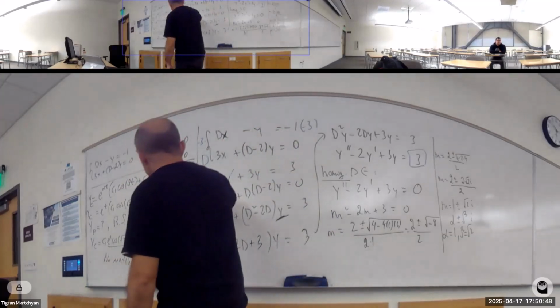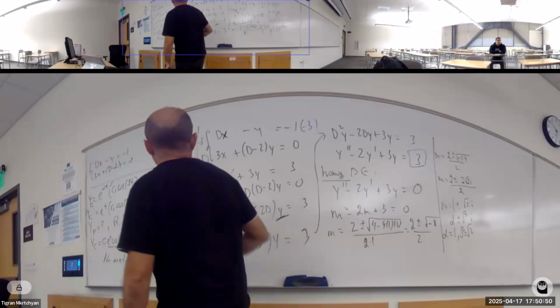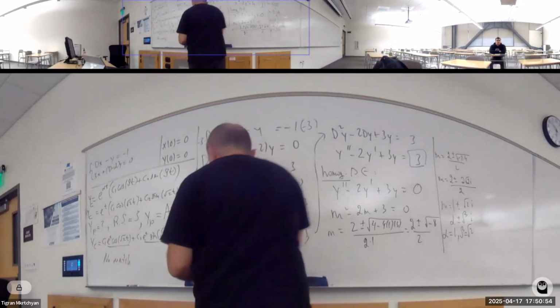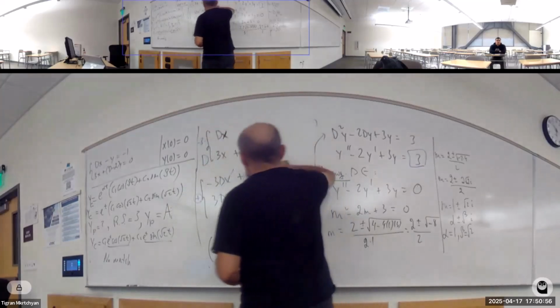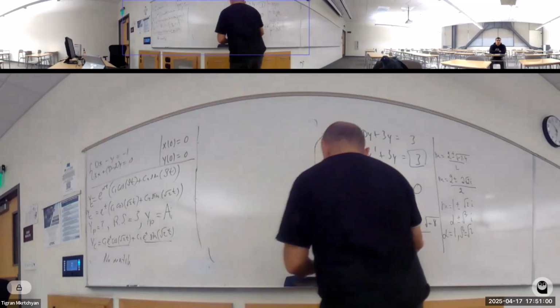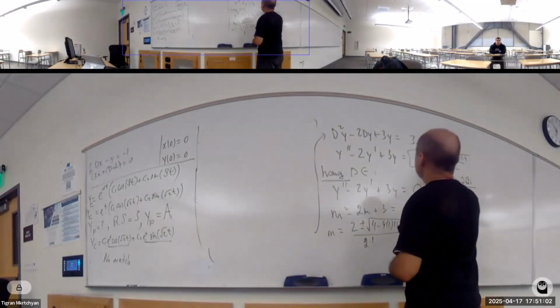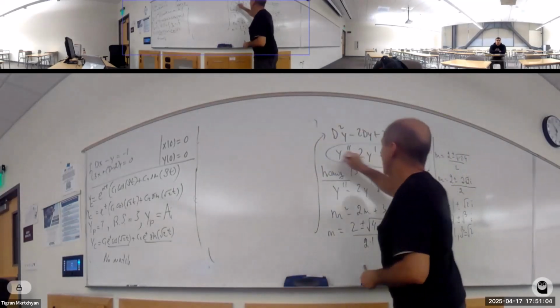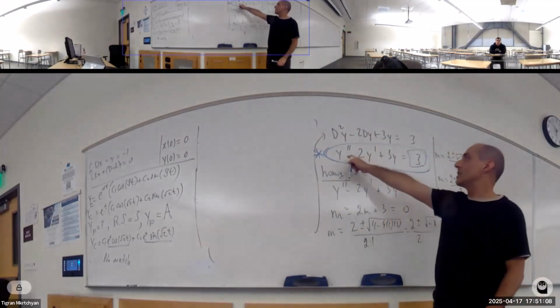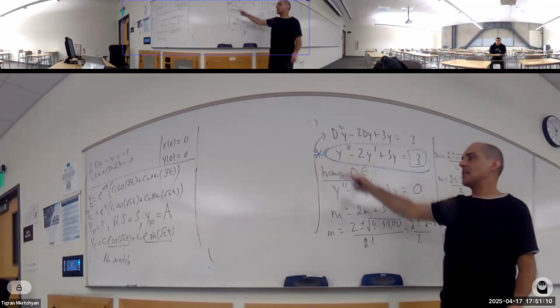Okay, so that's an easy yp. We're going to plug that into our equation. Let me erase this. I want to remind you we are solving this equation, so we have to plug that in here. We need up to the second derivative, but that's a constant.